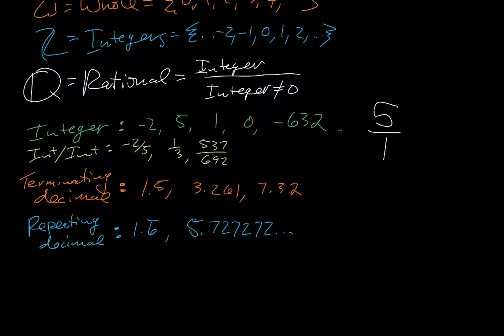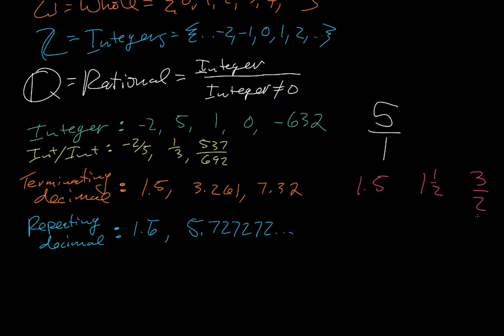Now, terminating decimal, so let's just take 1.5. 1.5 is 1.5, so we could write it as 1 and 1/2. Or we could write it as 3/2. If we type these all into a calculator, they would give us the same output. And they're just all equivalent ways to write the same thing.